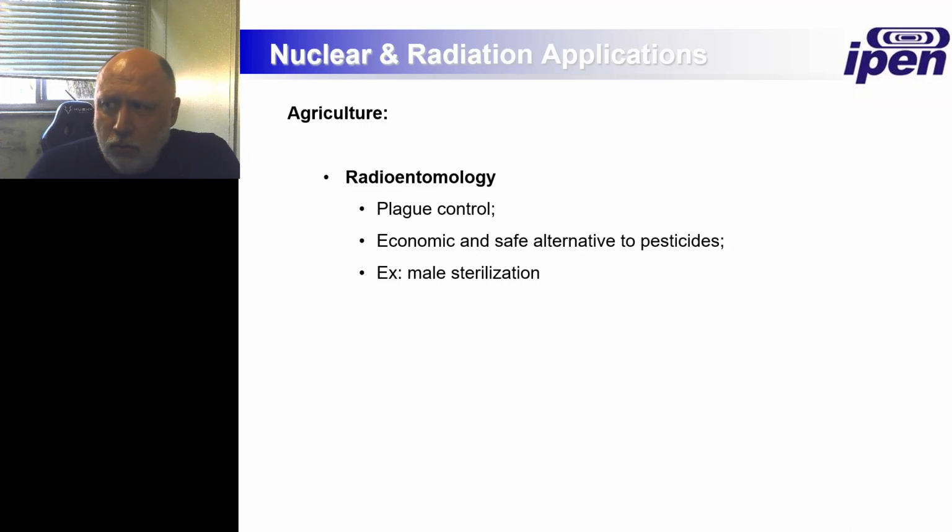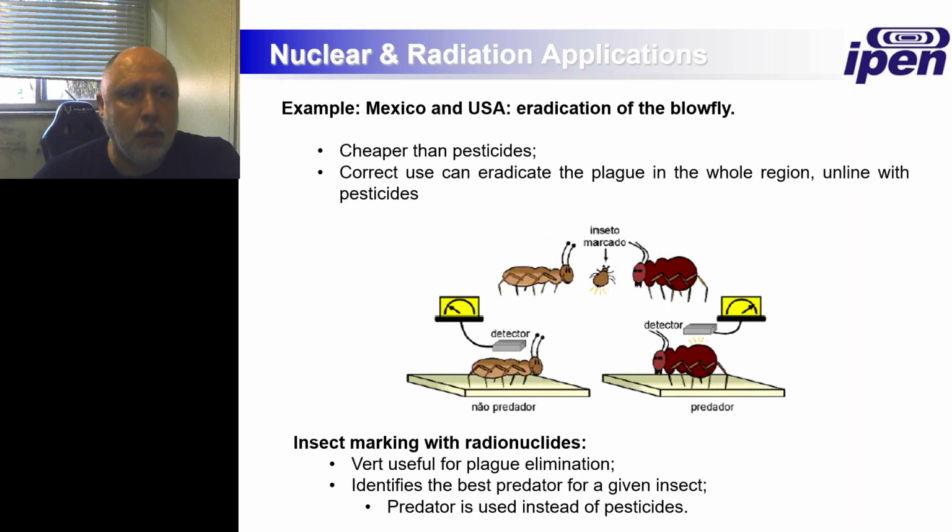There are some cousins to Aedes. I forgot the name of the other ones. So if you can sterilize males, these sterile males will take the places of the other males, and you will probably reduce a lot the population of these insects. One example, for instance, they used in Mexico and the United States to eradicate the blowfly.